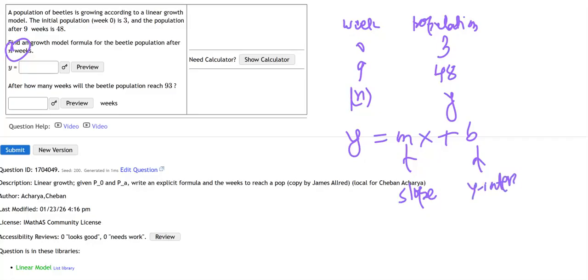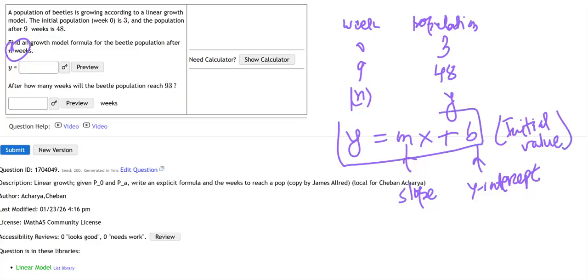Also, b is called initial population, or initial value. So we're going to find this model or this equation, and we answer the first part of the question.